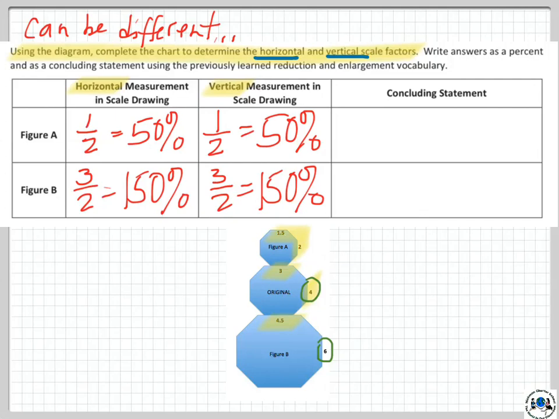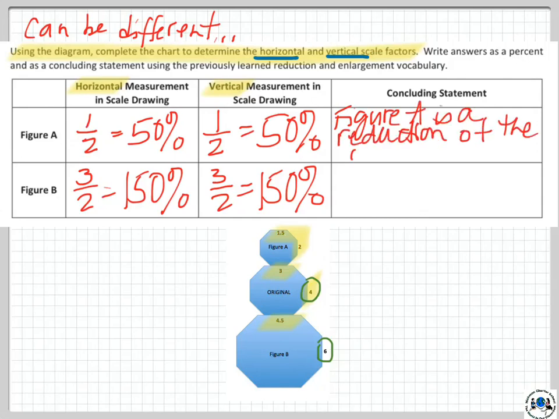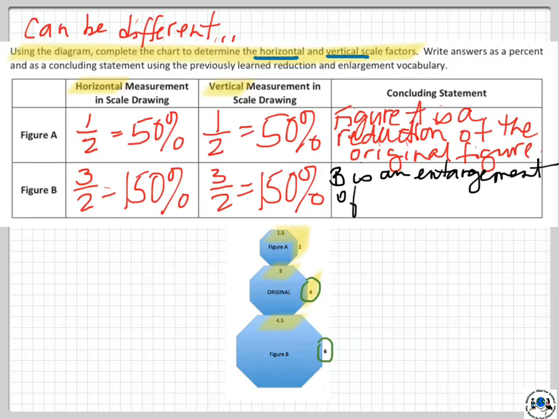So as you can see, we can make a concluding statement. Figure A is a reduction of the original figure. B is an enlargement of the original. Furthermore, we notice that the horizontal scale factor on figure A is 50%, as well as the vertical measurement in the scale drawing is 50% as well.